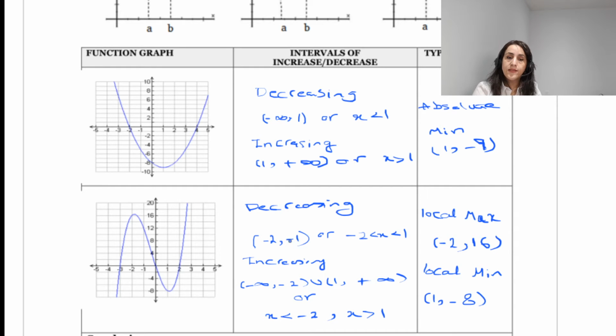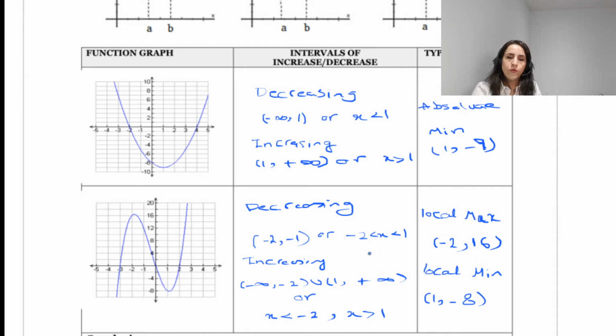It's always an open bracket, because at a specific point like here, I cannot say at 1 if it's increasing or decreasing, because at 1 the tangent line is parallel to the x-axis and it doesn't go up or go down.